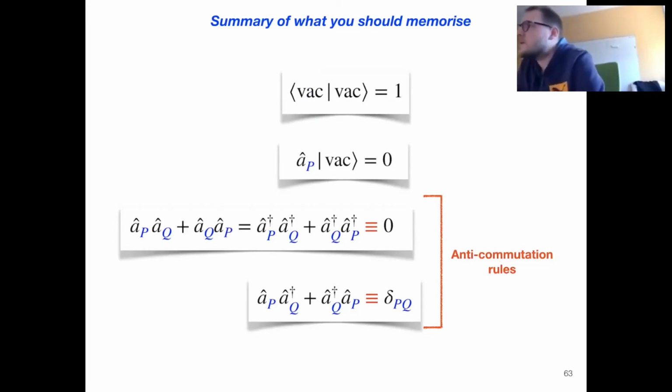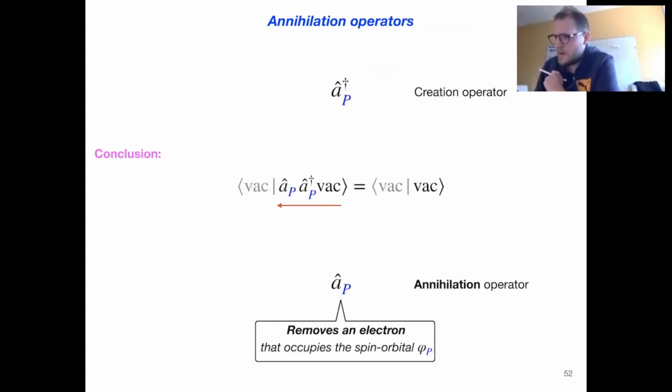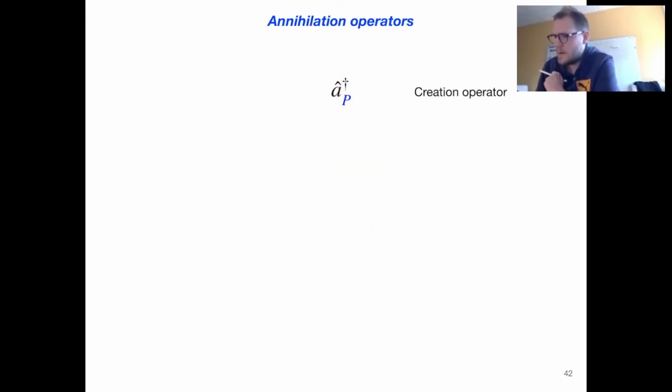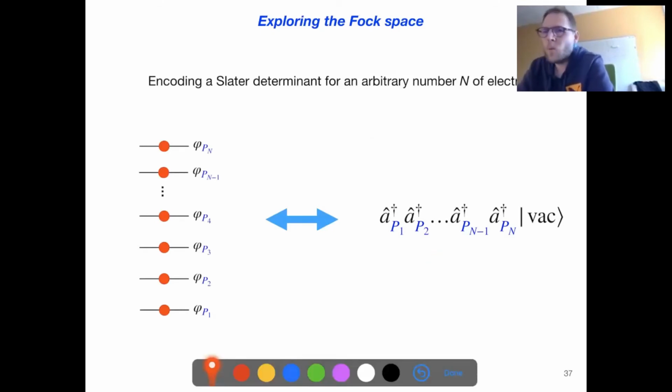So we have a question. So we don't have to multiply the wave functions by a normalization constant? No, exactly, Lucas. That's the cool thing. That's a very good question. So now you can actually prove it yourself. If you evaluate the square norm of this guy, you will immediately get 1 because of the anti-commutation rules.